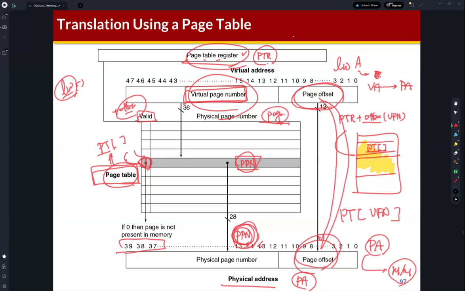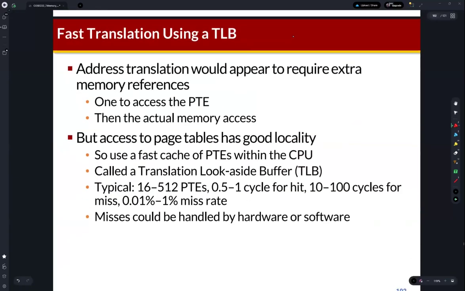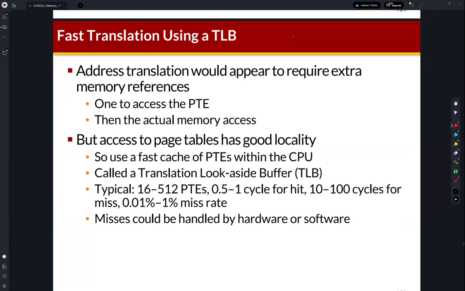We learned that the main memory is very, very slow, so when data is accessed from the main memory, it takes many cycles. This is a very critical performance overhead, because to access one piece of data, we need to access the main memory twice.